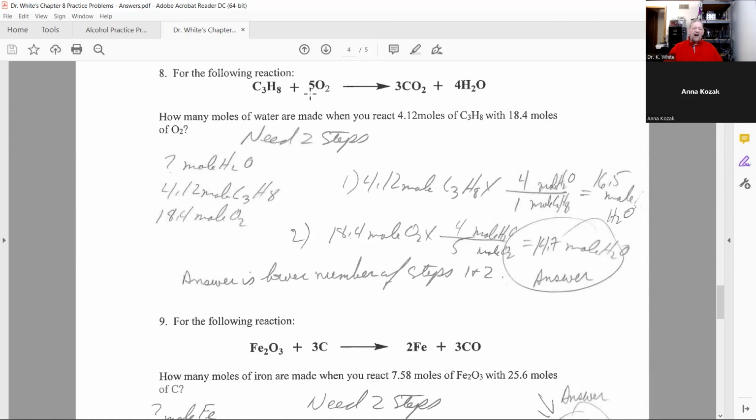And here, 5 moles of oxygen make 4 moles of water. And that's where I got these numbers. First of all, moles of oxygen divided by moles of oxygen cancel out because anything divided by itself is the number 1.